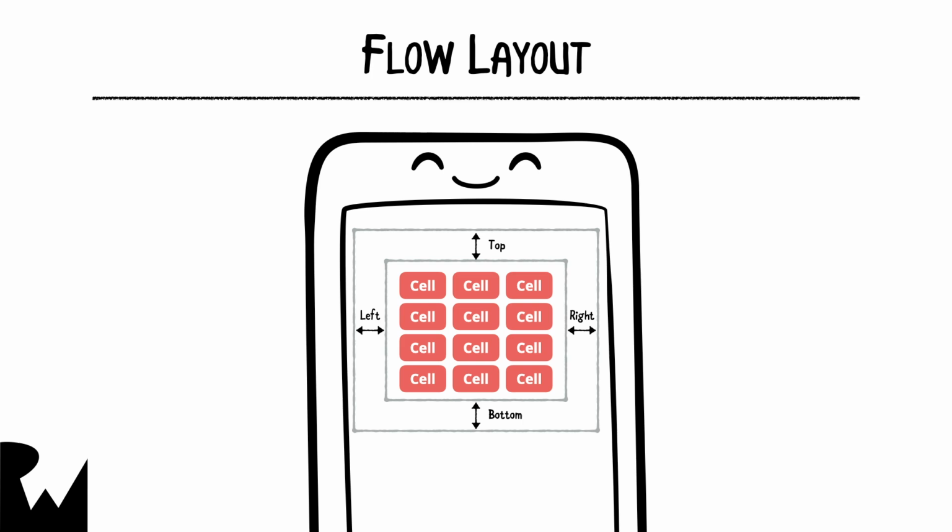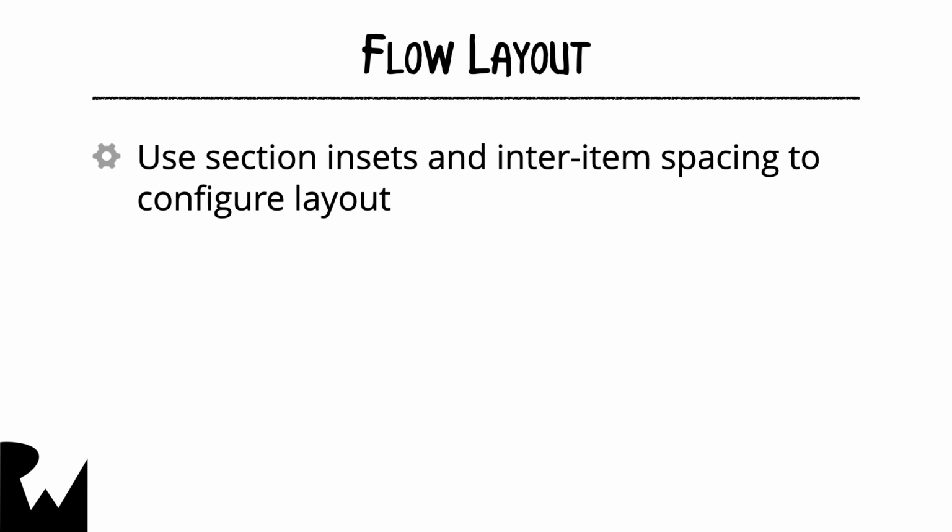Section insets are a way to adjust the space available for layout cells. You use insets to insert spaces after a section's header or before its footer view, two things that you haven't covered yet, and to insert spaces around the sides of content. Using section insets and inter-item spacing, you can control the number of cells that appear on a single line.